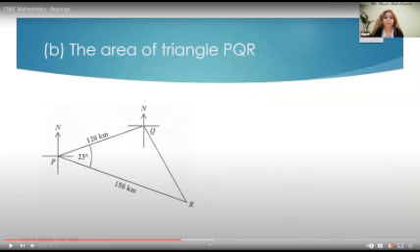We label the triangle. Here's A. Here's B. Here's C. The formula is area is a half AB sine C. Go ahead, work it out.